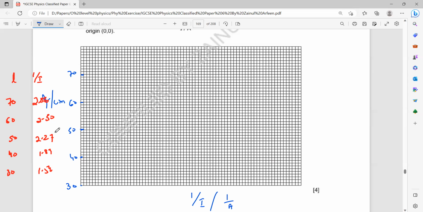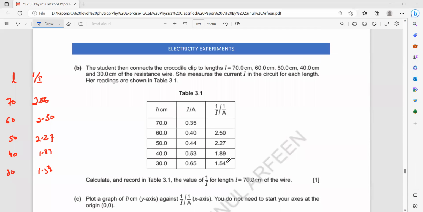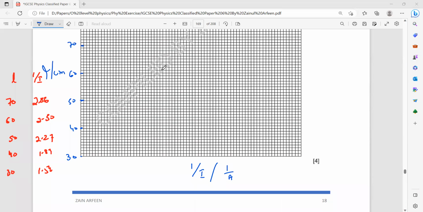When you check the value for the x-axis, because 1 over I is there, the minimum value is 1.54 and the maximum is 2.86. So I can start with 1.5.